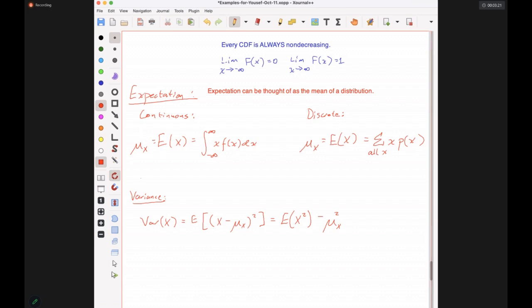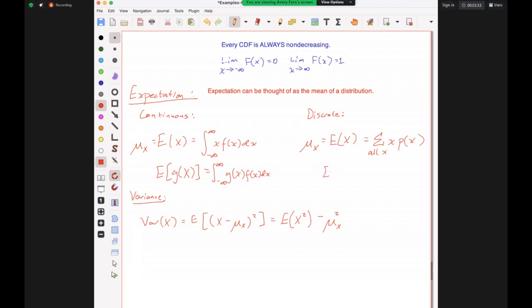And we can evaluate this expectation of x squared by using the property that for any continuous, at least, function g, the expectation of g of x for the continuous case is the integral of g of x f of x dx.